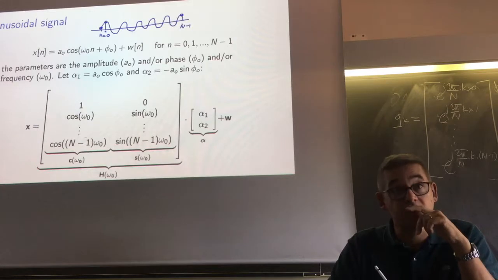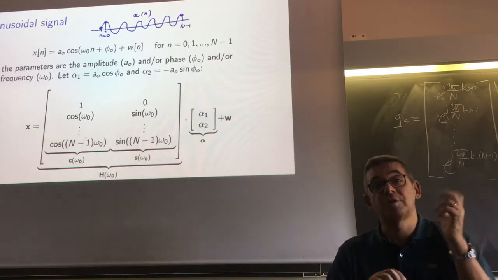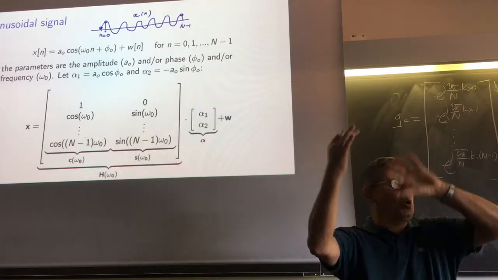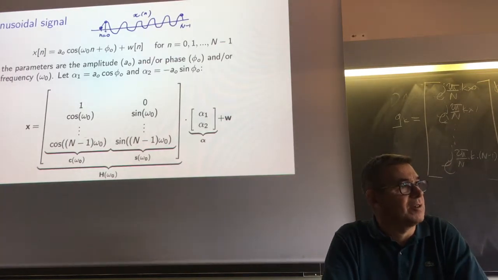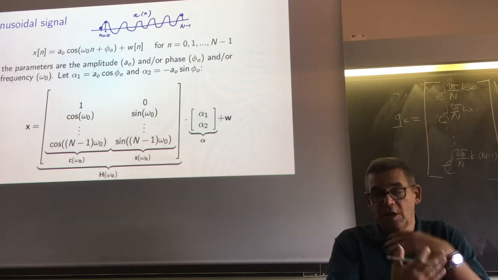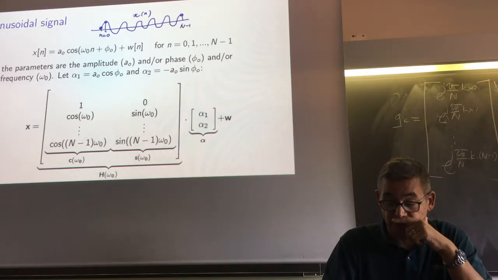So this is all the signal. My goal is to get the frequency of this sinusoid. So I have this signal, which is noisy. My goal is to get to the frequency. Now let's write the problem. So let's write the model for that.